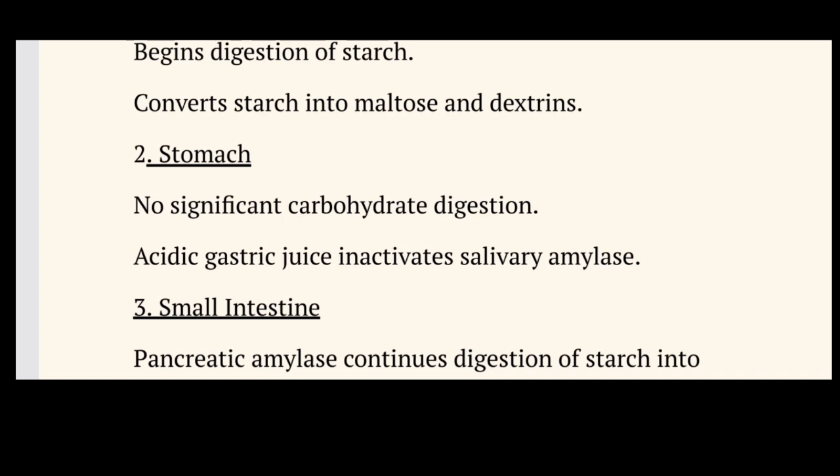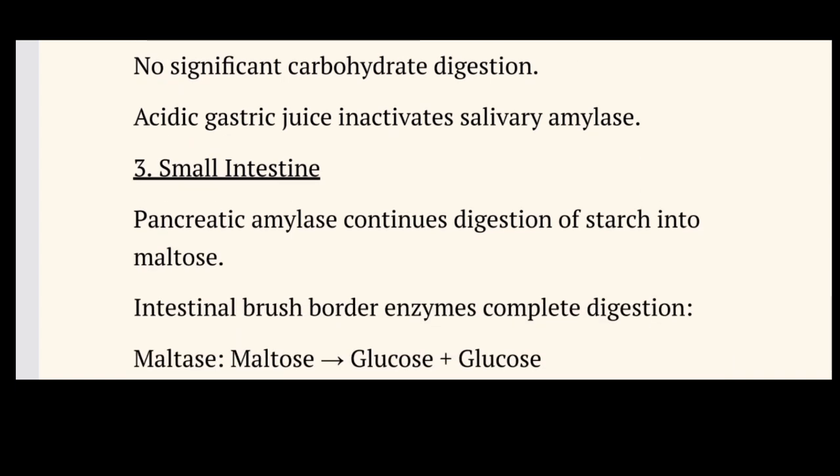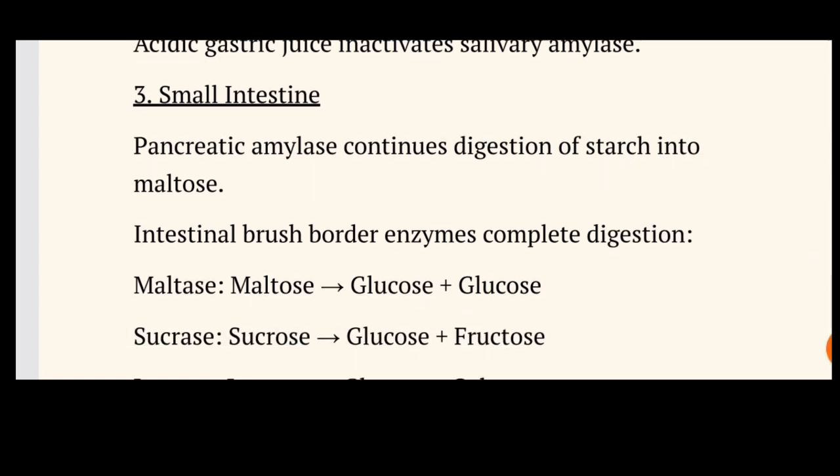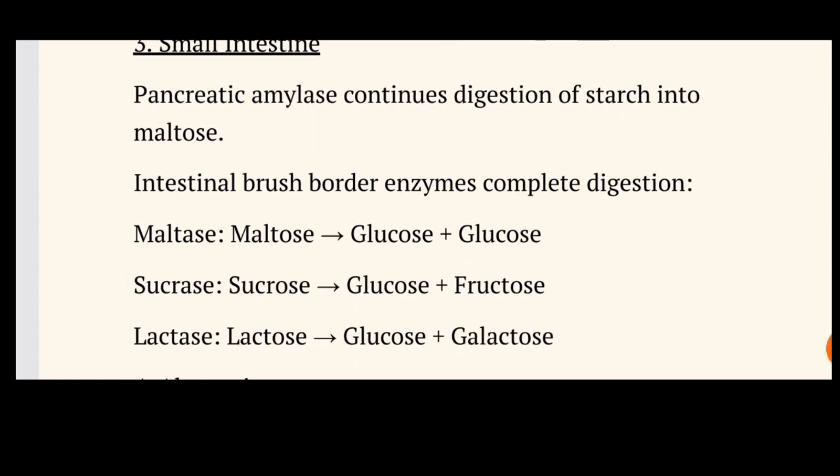Then it goes to the small intestine, where pancreatic amylase continues the digestion of starch into maltose. Pancreatic amylase is the enzyme produced by the pancreas and released into the small intestine.